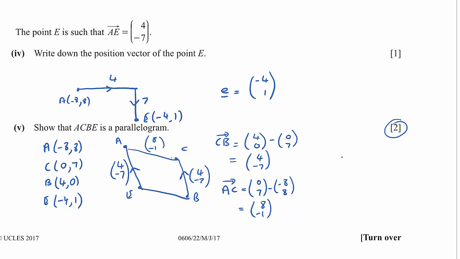And EB is going to be B take away E, which is (-4, 1), and that also is (8, -1). So this one is (8, -1). And so these sides are parallel. And so we have a second pair of sides which are parallel and equal in length. And therefore, this is a parallelogram.